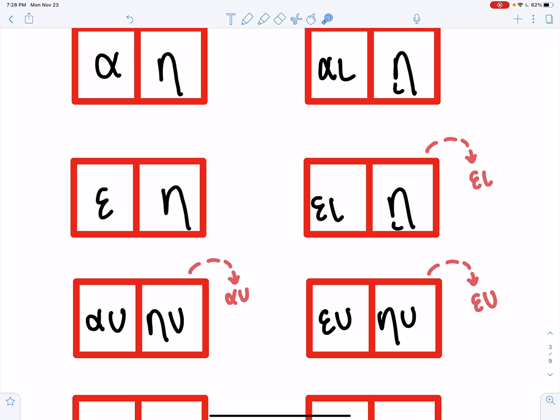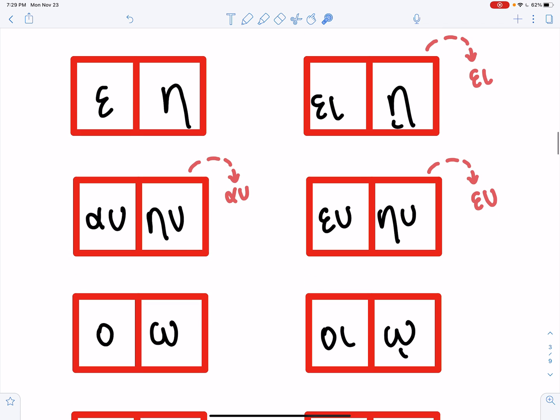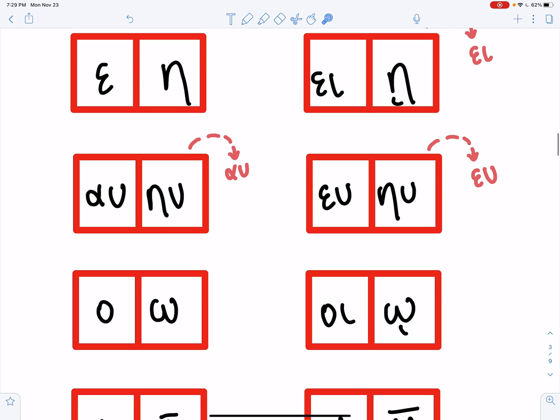Or it could also be epsilon iota as is. But I personally prefer to think of it, for consistency's sake, as just eta with an iota subscript. But if you were to see a verb starting with epsilon iota in a sentence, that could very well be imperfect.